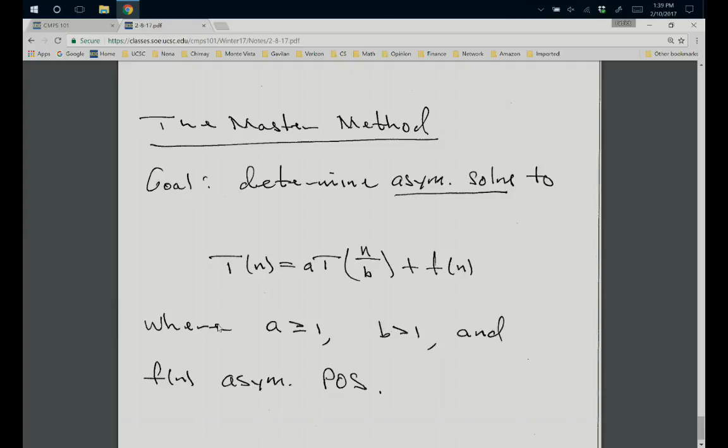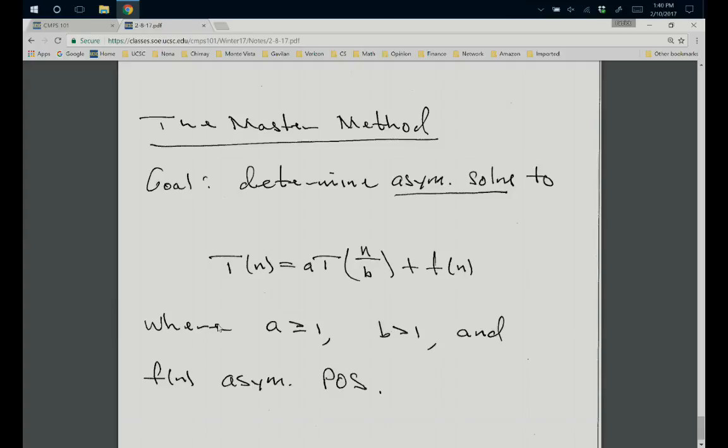For instance, in this case, f of n is bounded above by something a little bit weaker than n to the log base b of a. So think of epsilon as a small number, right? Epsilon is thought to be a small number near 0. So this is a polynomial whose degree is a little bit less than log base b of a.